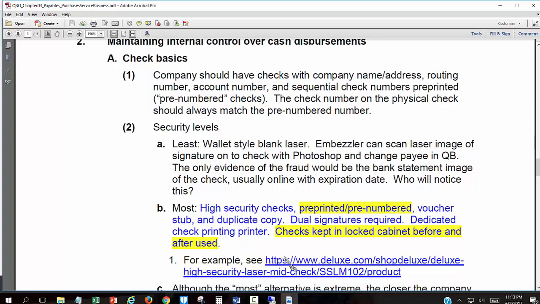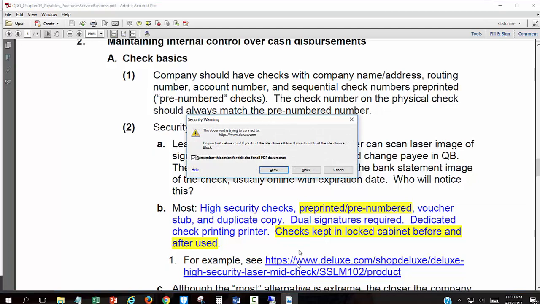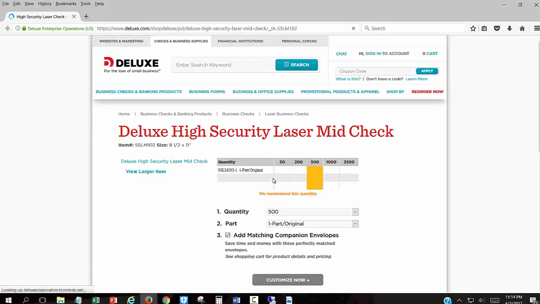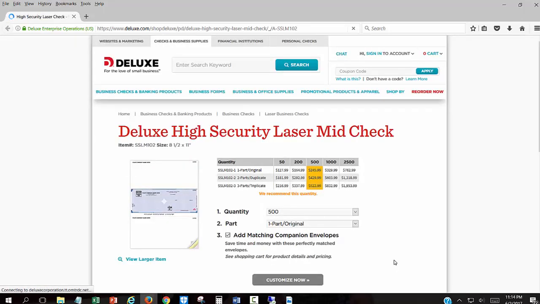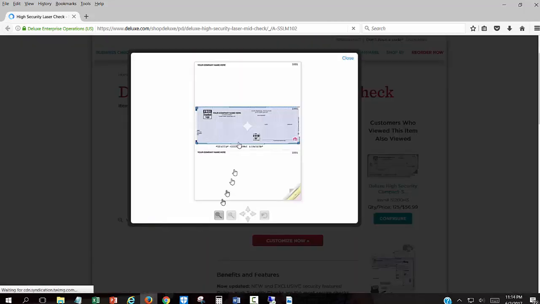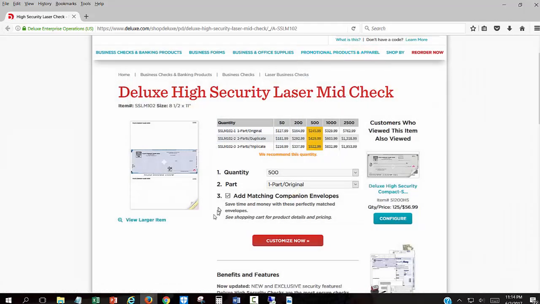So here's an example of a super high security check. If you look at this one, you'll see it has a holographic printing on it. It has tamper-proof paper. It has just all kinds of good stuff. Yeah, not very big, I guess, huh? Anyhow, you can see the printed background looks kind of like a bond or a dollar bill.